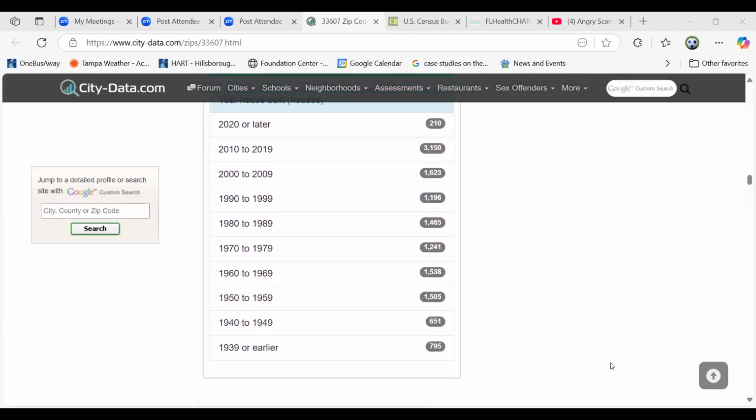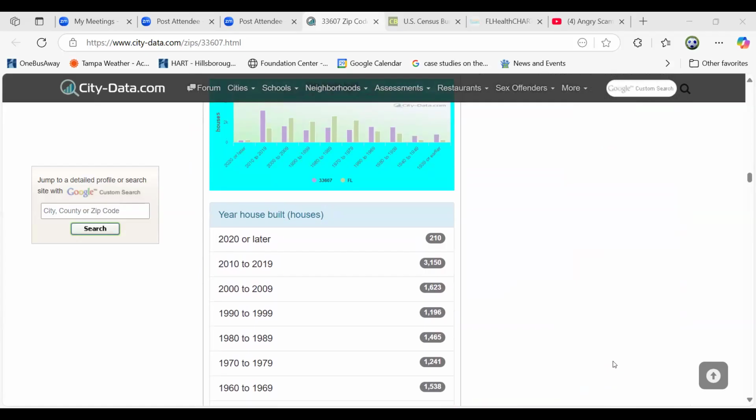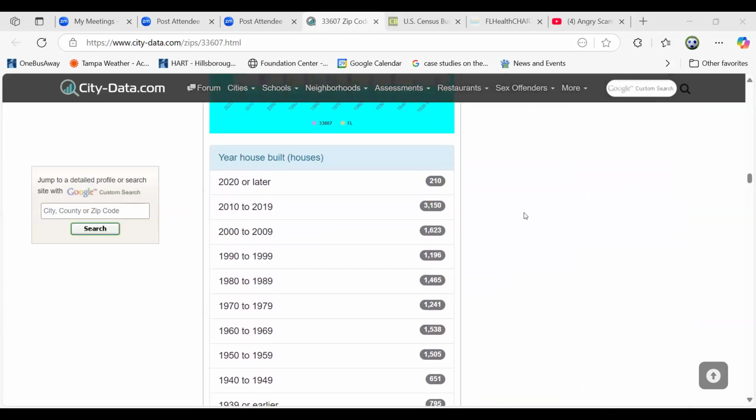These are houses. This is important if you're doing a project with someone that wants to do affordable housing, and you want to make an argument that from 2020 up until now, there's only been 210 new houses built.